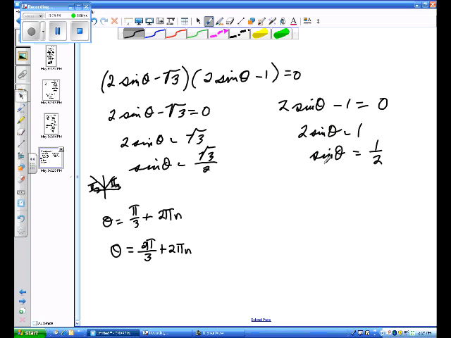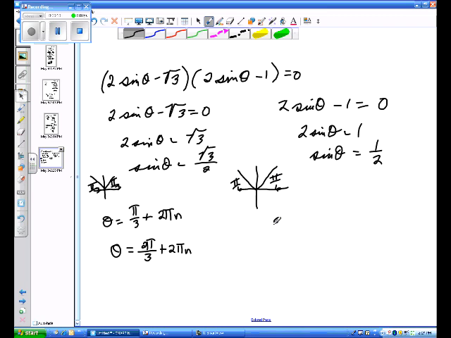Okay, we want all the angles whose sine is 1/2. Well, we know that our reference angle would be 30, which is pi over 6. Again, we're positive, so that would be in the first quadrant and the second quadrant.